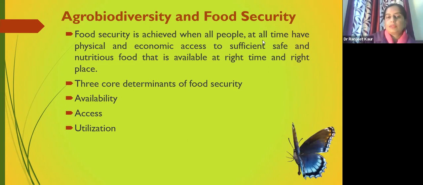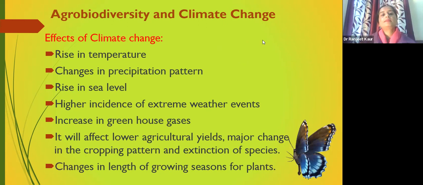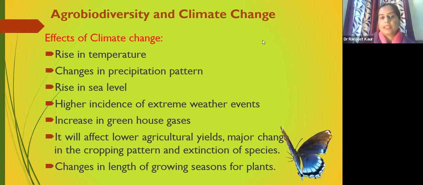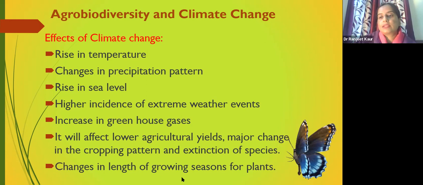Then we come to agrobiodiversity and climate change. The effects of climate change are being felt everywhere, like rise in temperature, changes in precipitation patterns, rise in sea level, higher incidence of extreme weather conditions, increase in greenhouse gases. All these things are affecting agriculture yields everywhere.